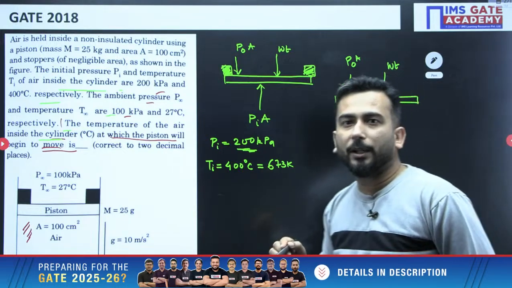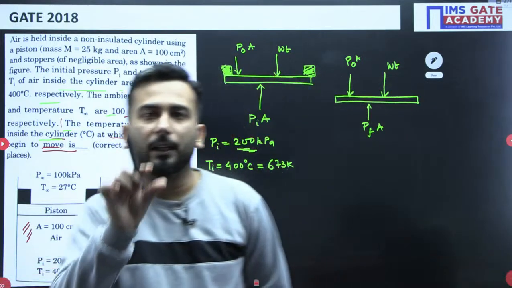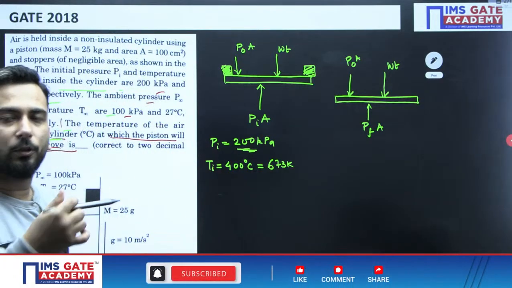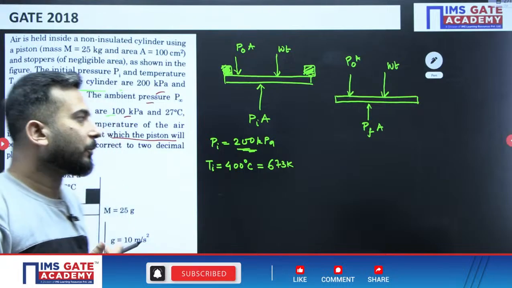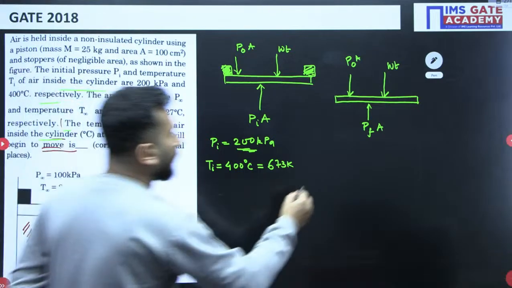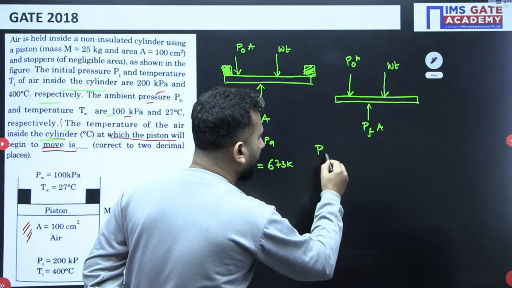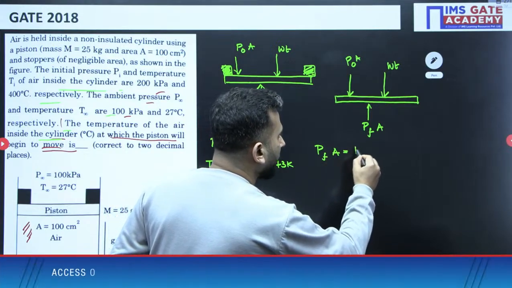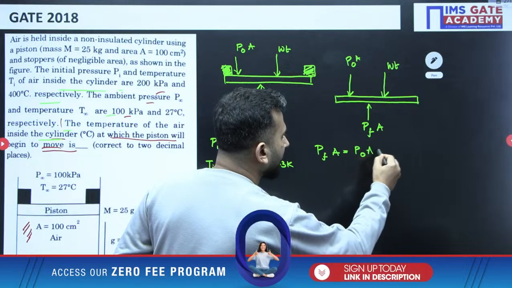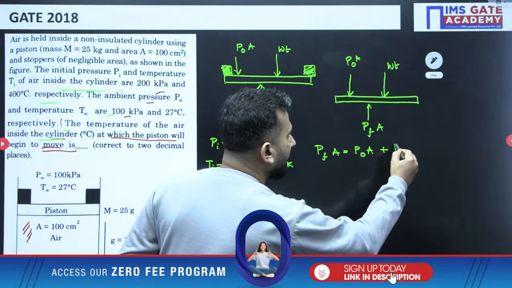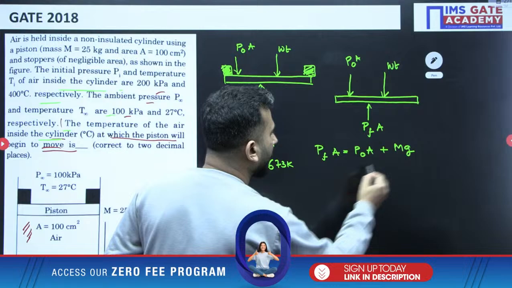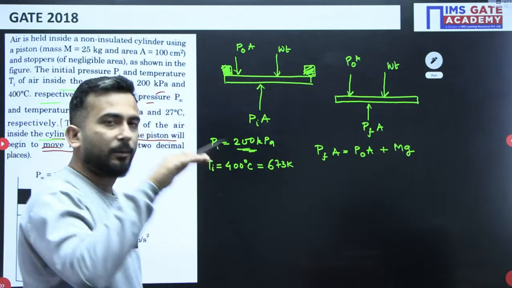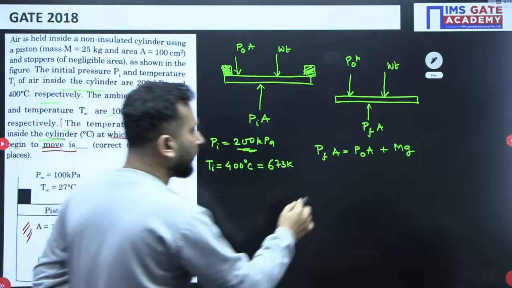When the piston just starts to leave, the stopper will stop exerting force from above. So if I apply the force balance, weight is nothing but M into G. This will help you determine the pressure at which the piston will just start to fall down.